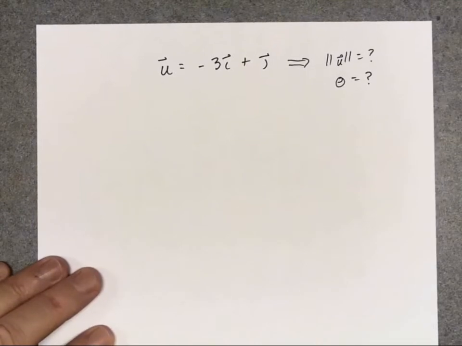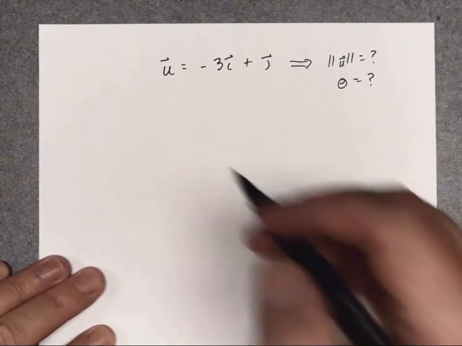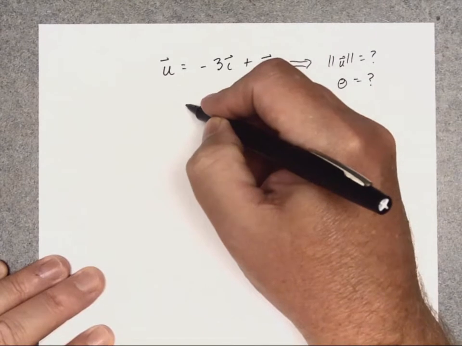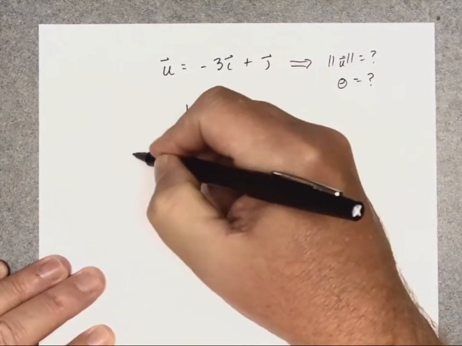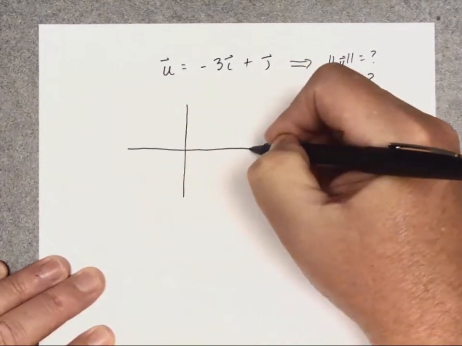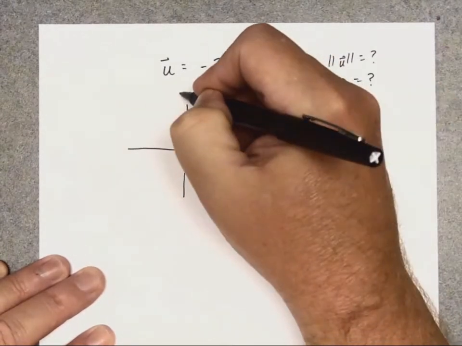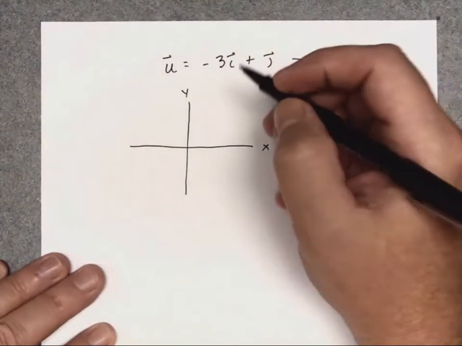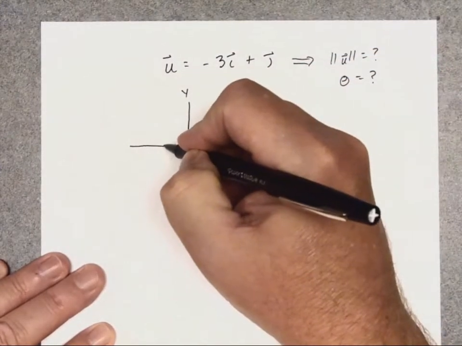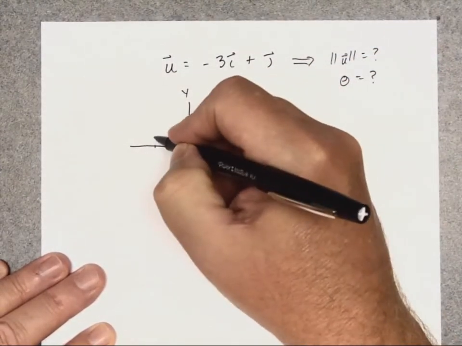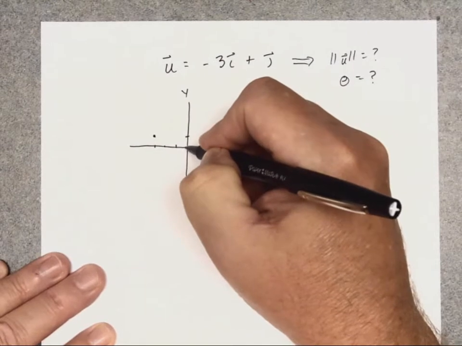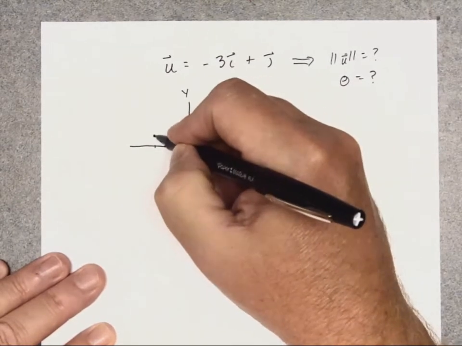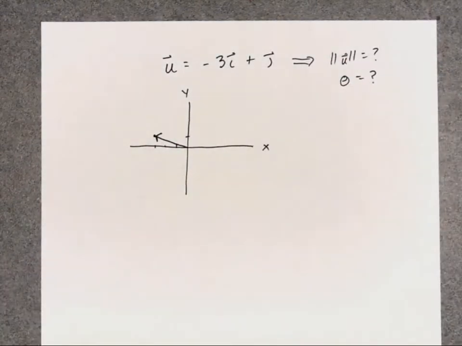So I strongly encourage you to just do a quick sketch of your original vector. It only takes about 30 seconds, and down the road it's going to keep you from making mistakes. So minus 3, 1. There's my vector. It looks like it's in the second quadrant. That's going to become important in a few minutes.